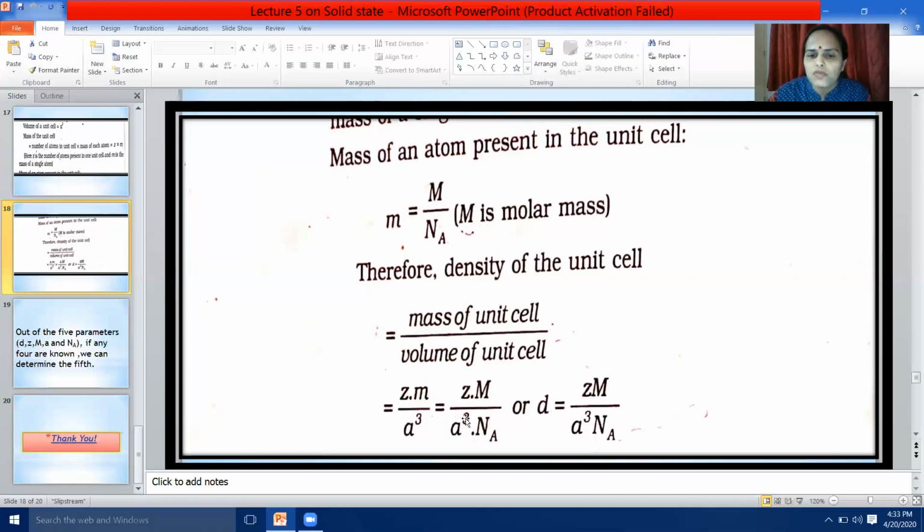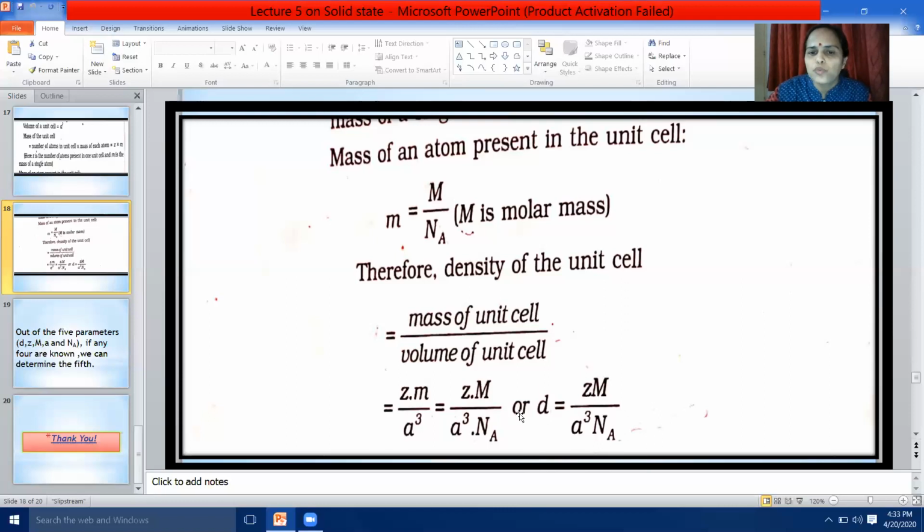So d becomes equal to small z, that is number of atoms per unit cell, into capital M, the molar mass of the substance, divided by a cube, the volume of the unit cell, into Avogadro's number represented by Na. So the formula is d equals z into M upon a cube into Na.